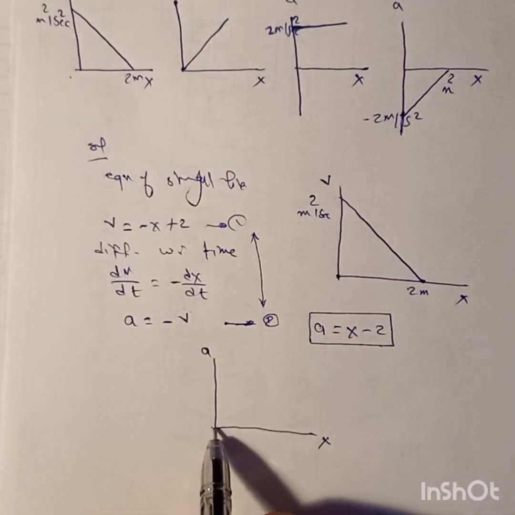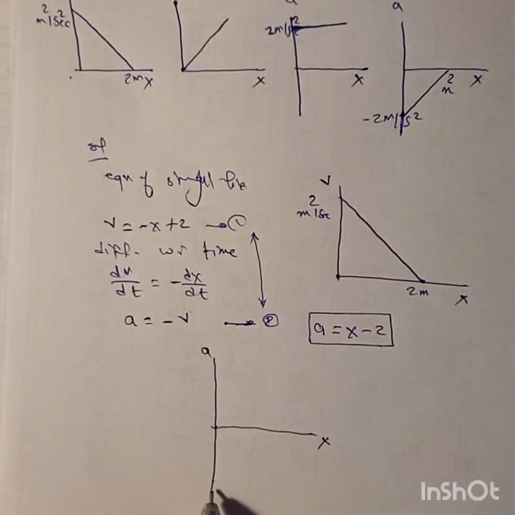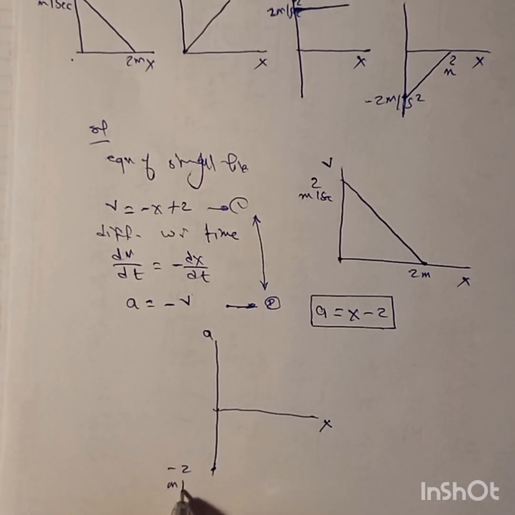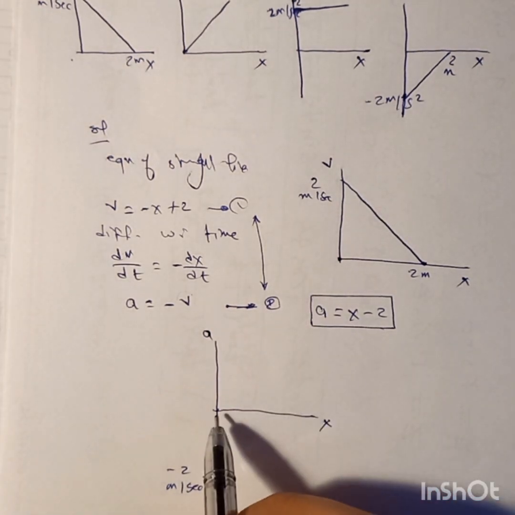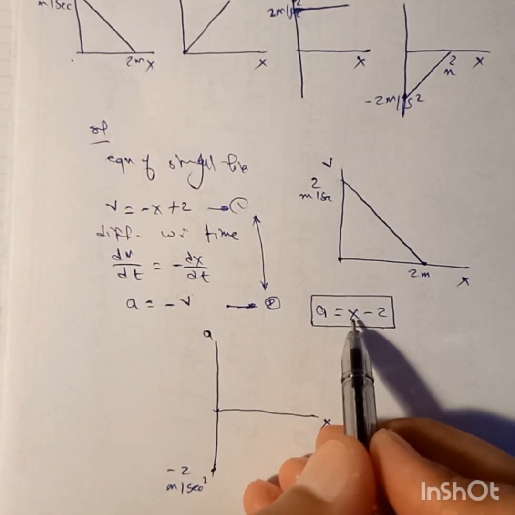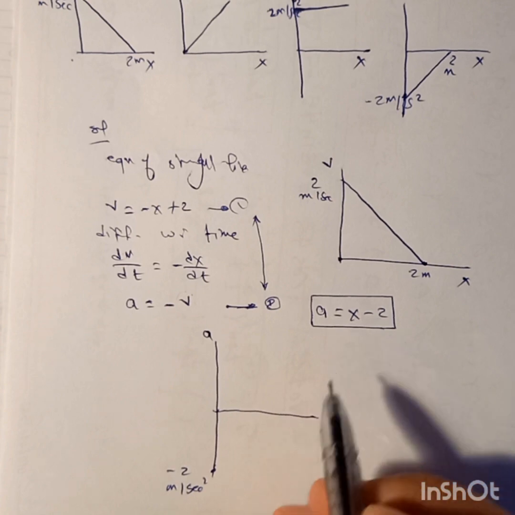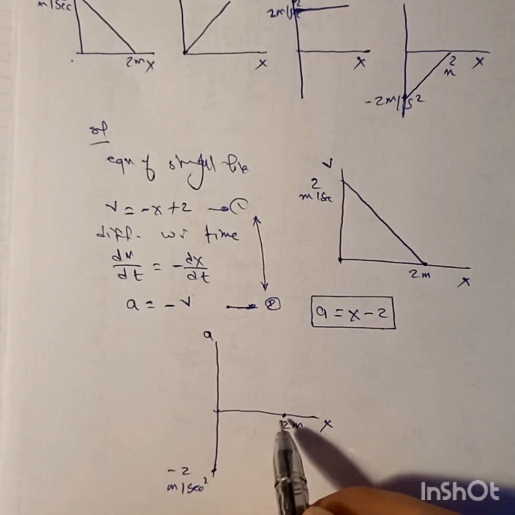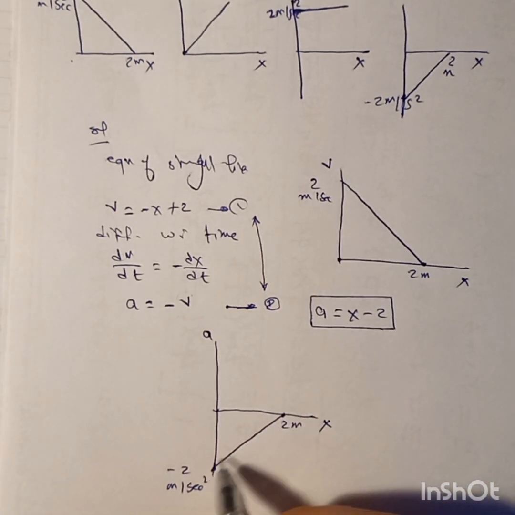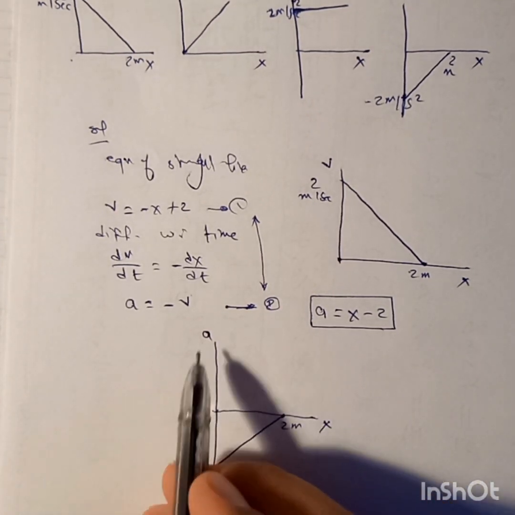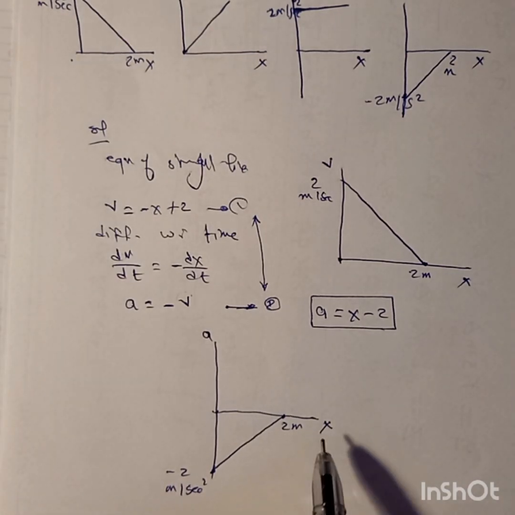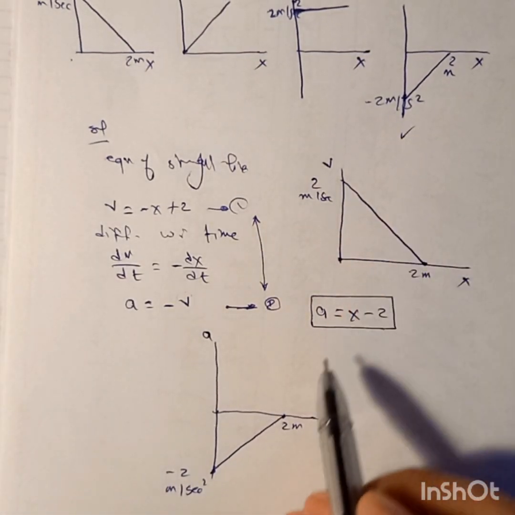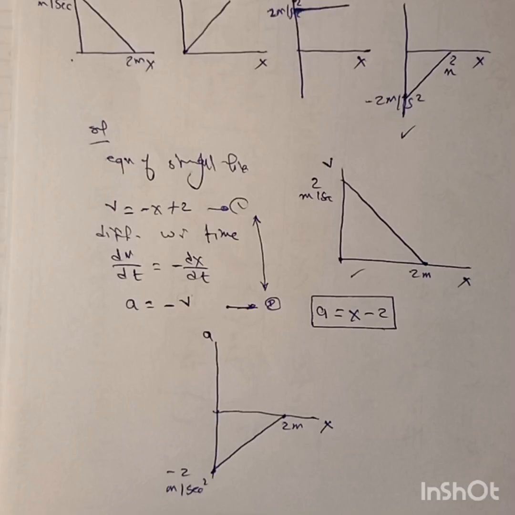At x equals 0 we have a equals negative 2, and of course the unit is meter per second squared. At a equals 0, x equals 2 meters, and this is a straight line representing the relation between a and x. Then this curve is the corresponding one to the given curve.